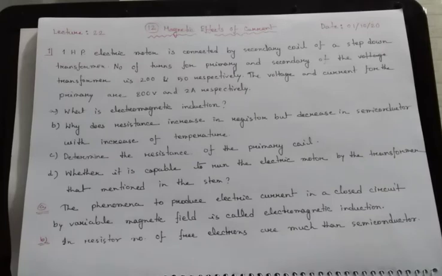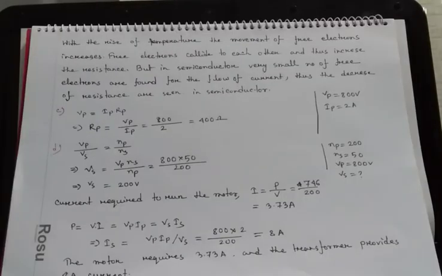Now let's see question number C. Determine the resistance of the primary coil. For the primary winding of the transformer, the primary voltage is 800 volt and the primary current is 2 ampere.